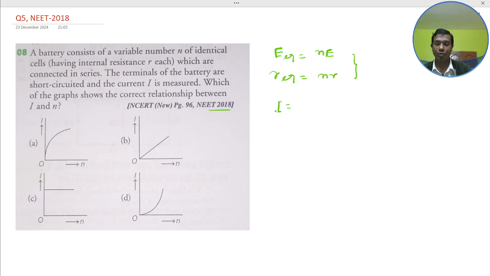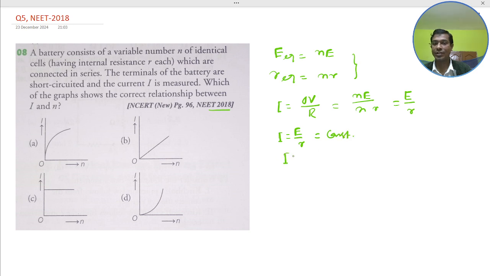So I, you just know, is delta V by R. So delta V means nE, R means nR. So n would be cancelled. This would be E by R. So I equal to E by R, which means this is constant.